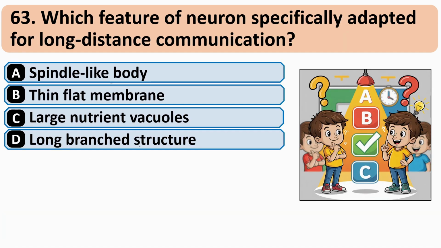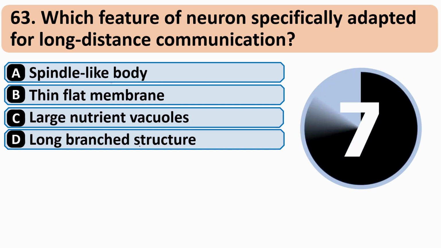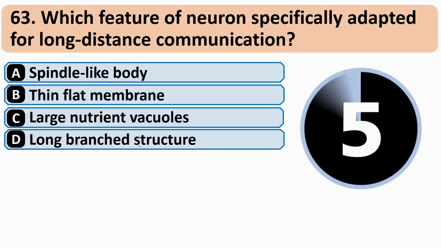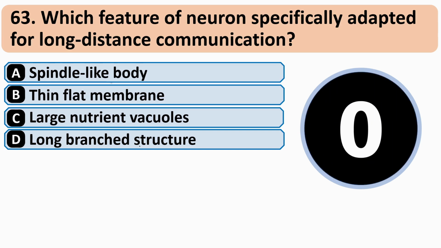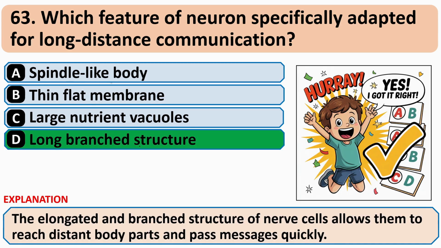Which feature of a neuron is specially adapted for long distance communication? And correct answer is D, long branched structure.